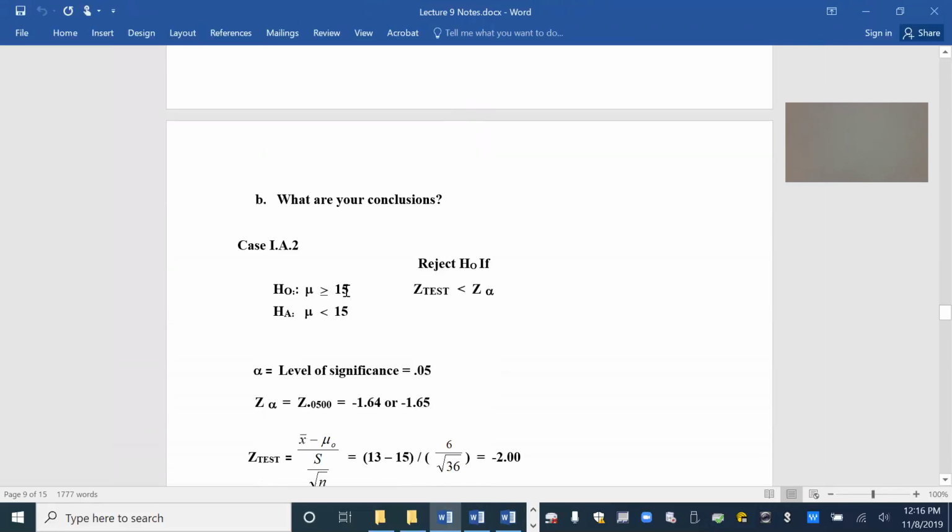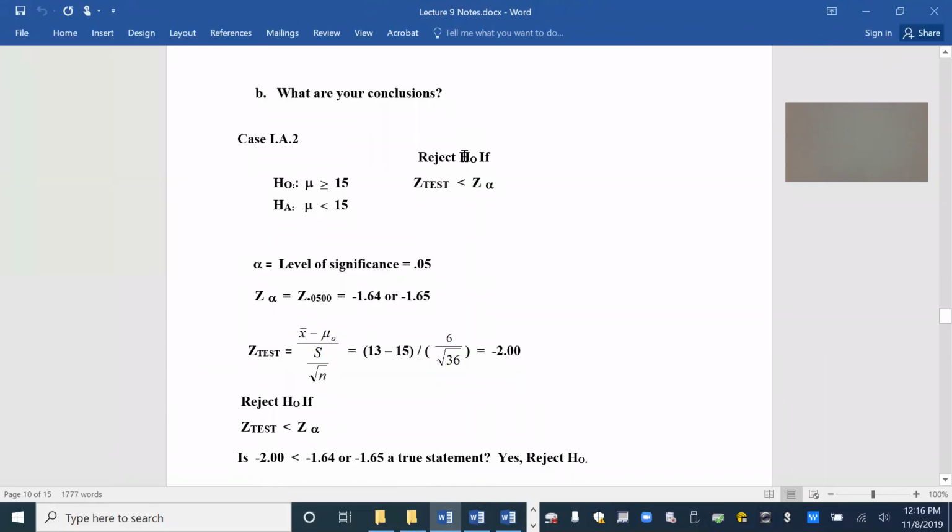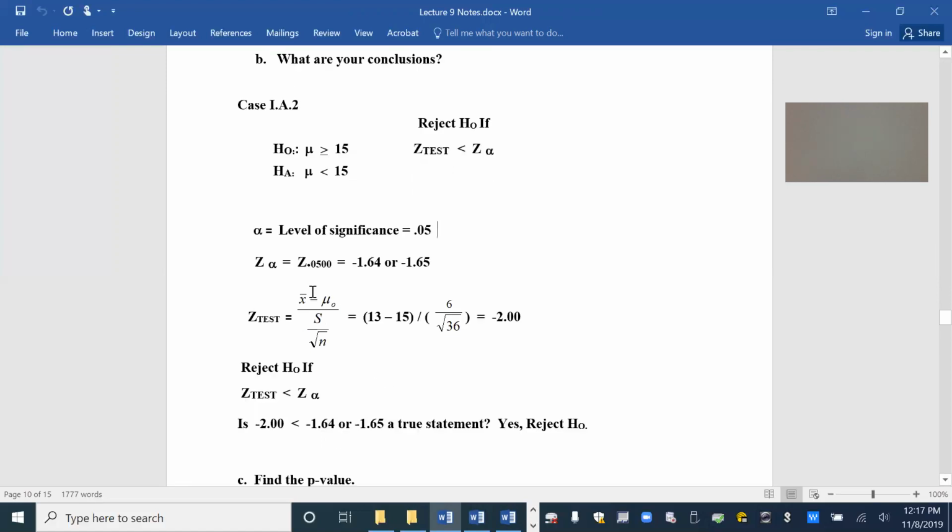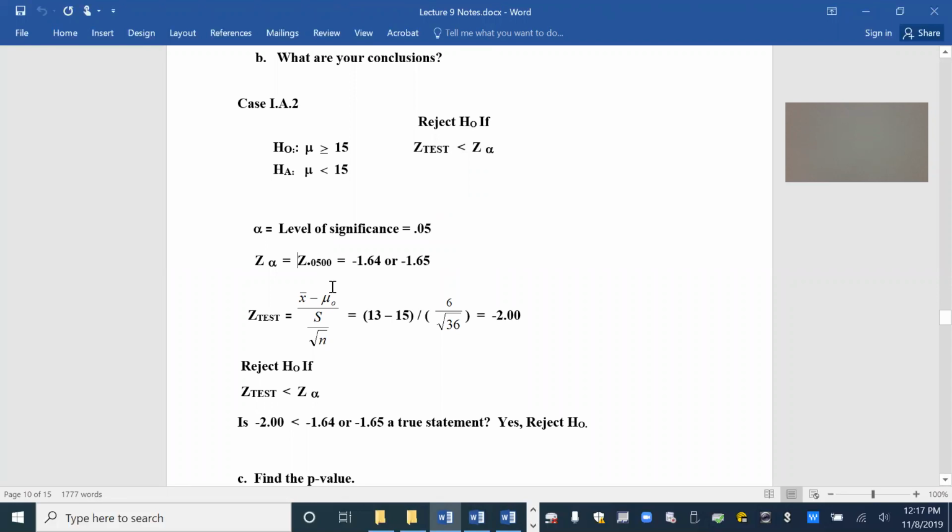So case 1A2, reject H0 if this is a true statement. If that is a true statement, we are going to reject H0 and call the defendant a liar and rule for the plaintiff. Our level of significance is 0.05. So we need to look up the Z.05. That's the table value we got.